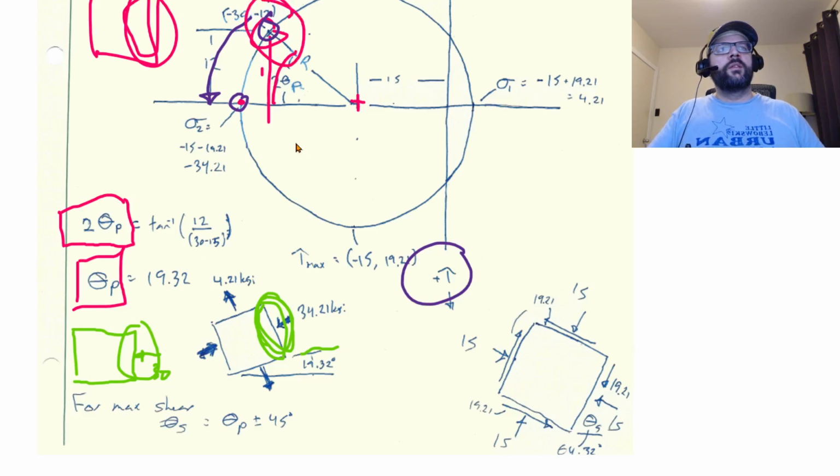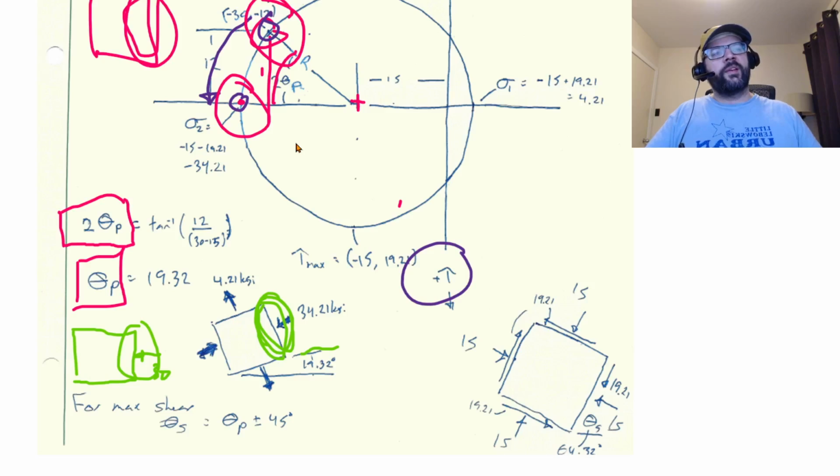That means that the stress state on this face will have transformed from here to here. It'll have changed from the minus 30 normal and the minus 12 shear to minus 34.21 ksi normal and no shear.